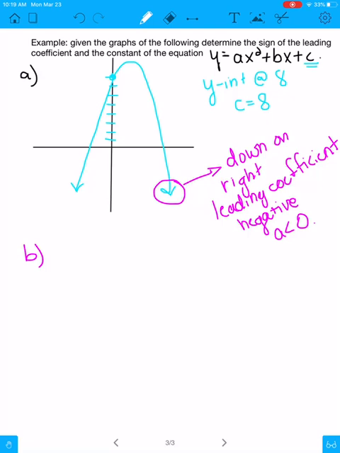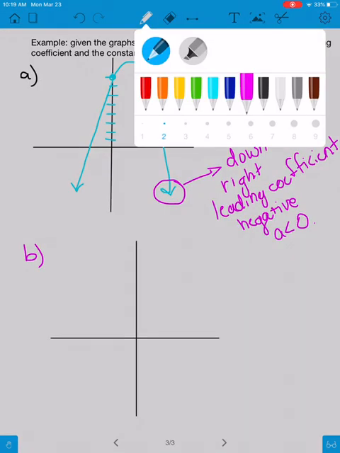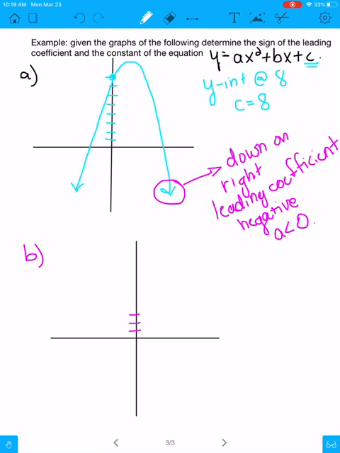B. Okay, this one has a y-intercept of 4. And it's concave up.